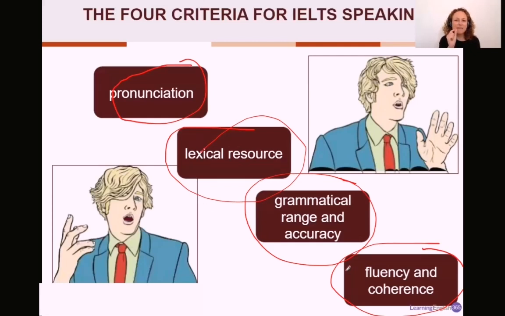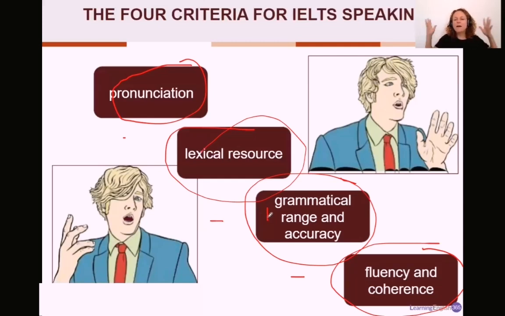And that's very important because to get a high score on your band here, you need to be excellent at each one. Don't practice one at the expense of another. If you know that you have an issue with your grammar and you struggle with grammar, then it's very important you spend time to improve it.